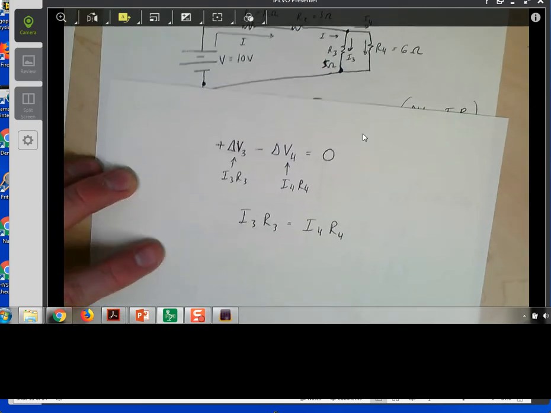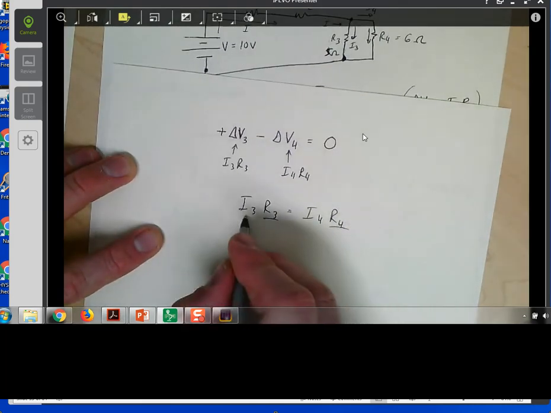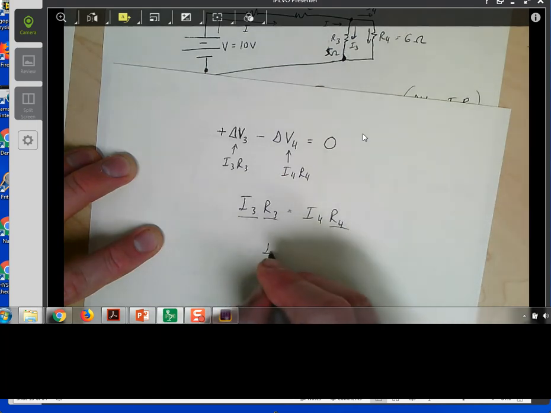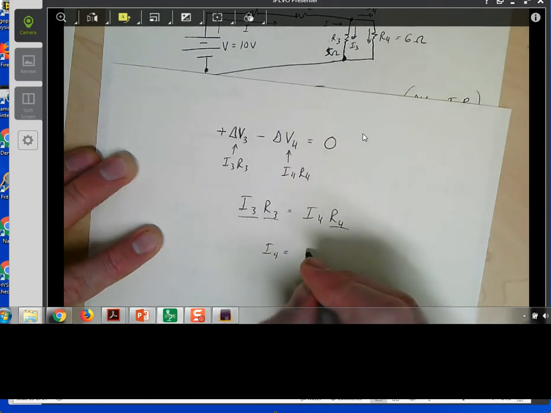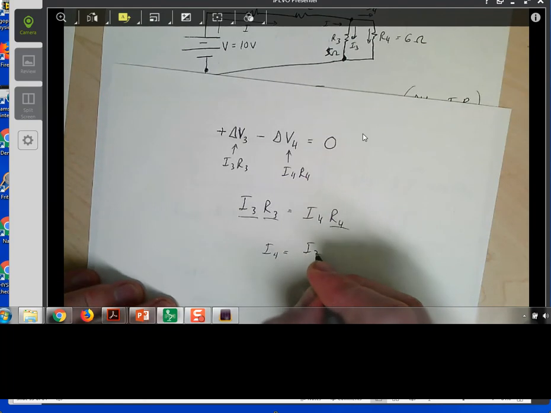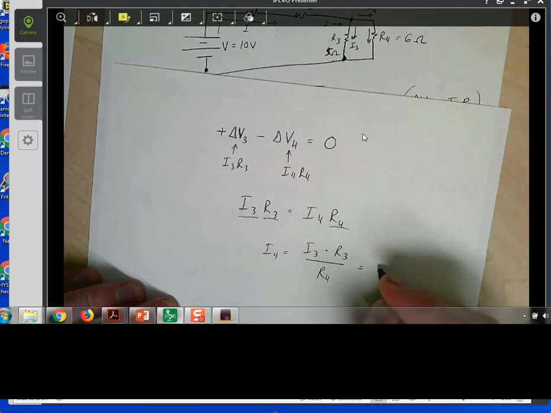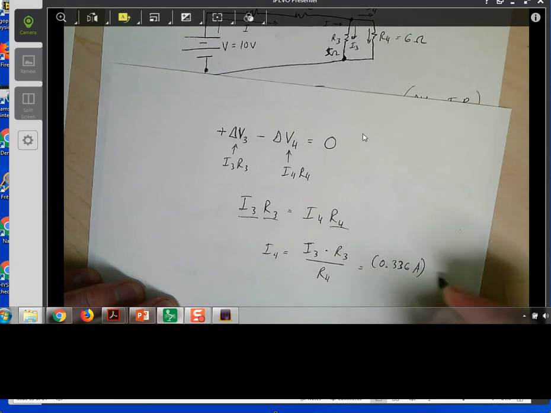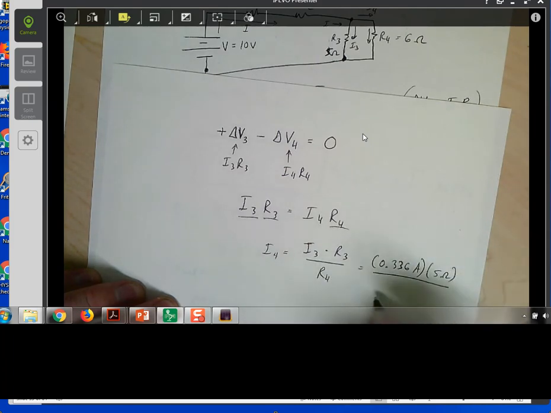So you notice here, we basically have known I3 now, but we don't know I4. So I4 is equal to I3 times R3 divided by R4. And so I3 is 0.336 amps times the resistance of R3, which is 5 ohms, and divided by the resistance of R4, which is 6 ohms.